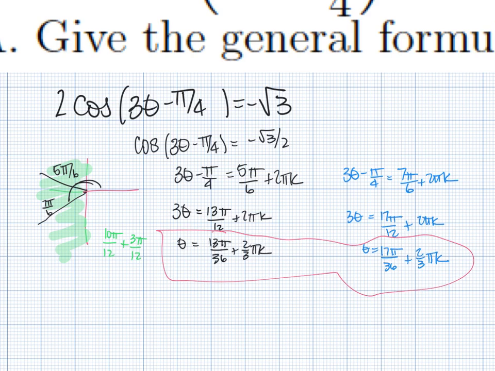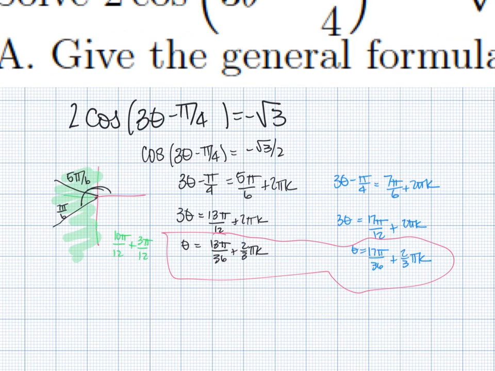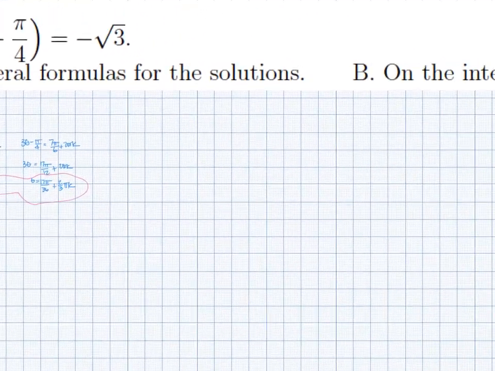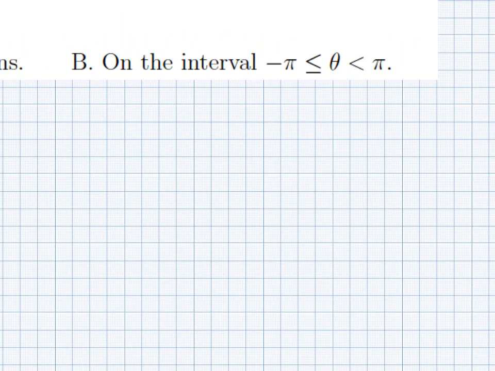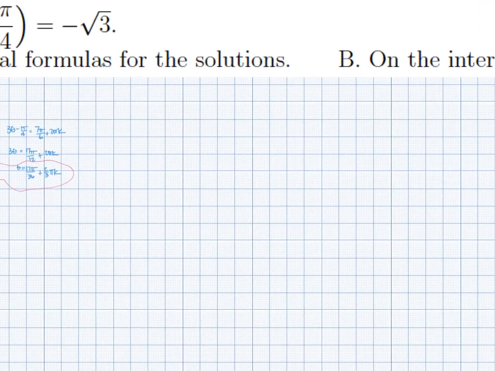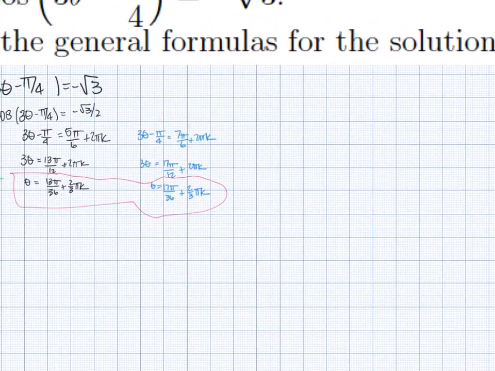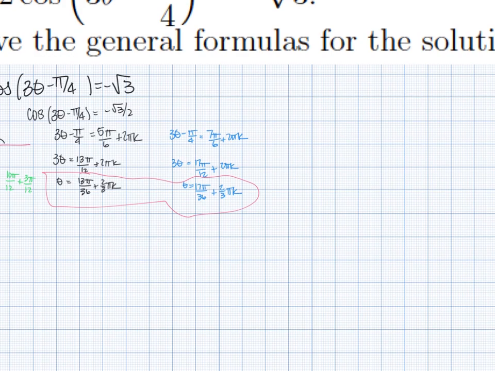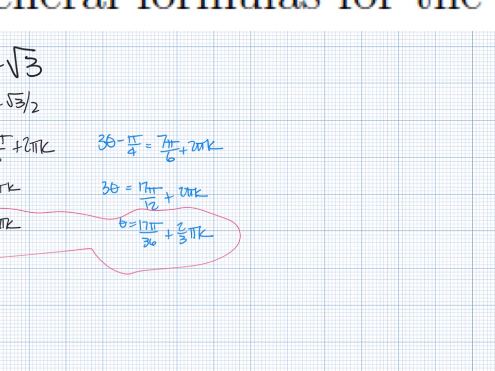And now we need to figure out what we can do to find all the values in our interval over here from -pi to pi, and see what we can do to find all of those. So we're going to go from -pi to pi, and we'll start with this one.